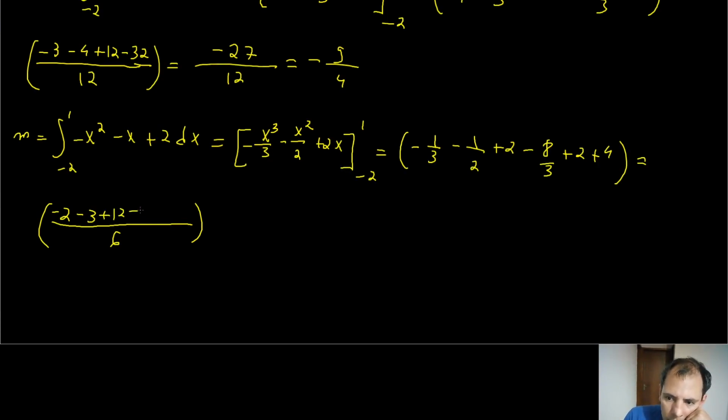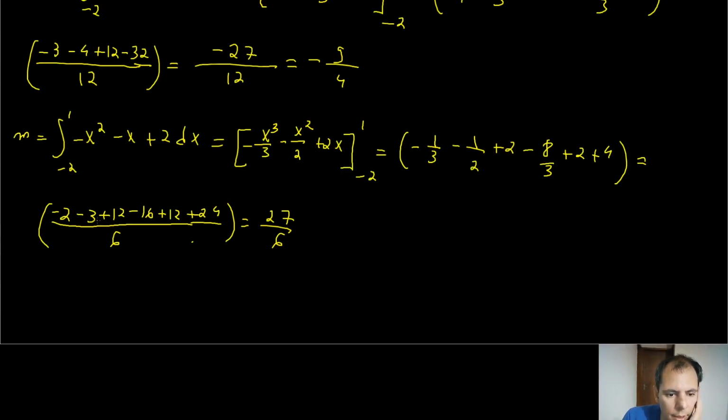We have a -16, and here you have a +12, and here you have a +24. Okay, this equals -7 -16 -9 +12, 3, 27/6.